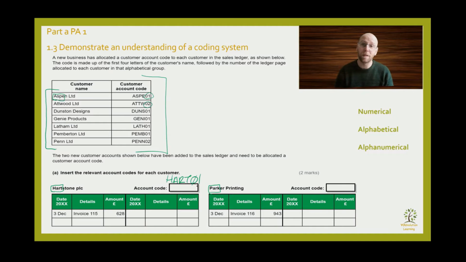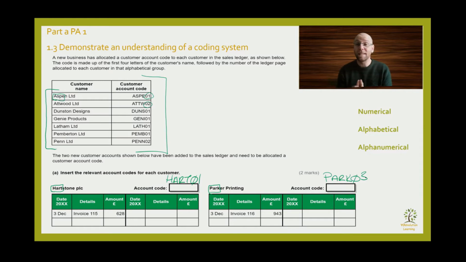So Parker Printing is the third ledger that begins with a P. So again, we're going to use the first four letters, P-A-R-K. And because this is the third customer with a P, so that's the third P ledger, it's going to be 03 for this one.